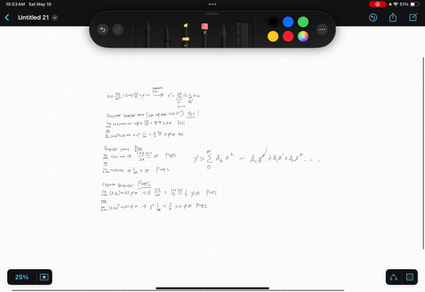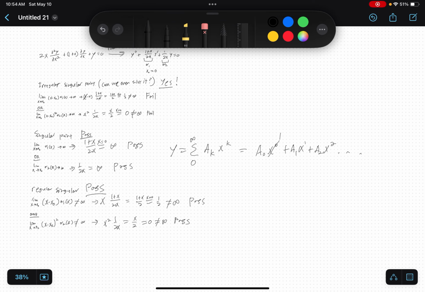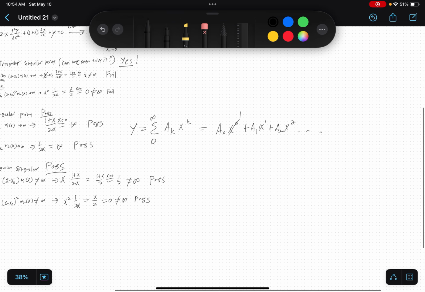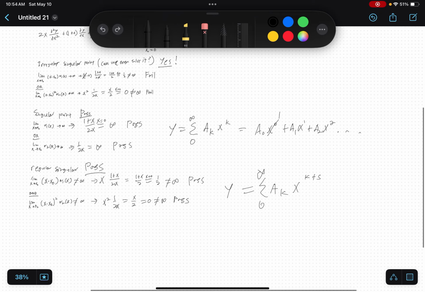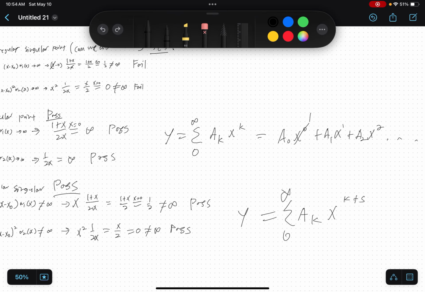Unfortunately, Frobenius is worse than the regular method, and the Frobenius method uses k plus s, where here it was just k. And that is because there isn't just a singular point.